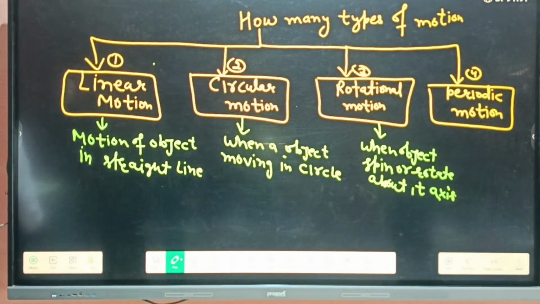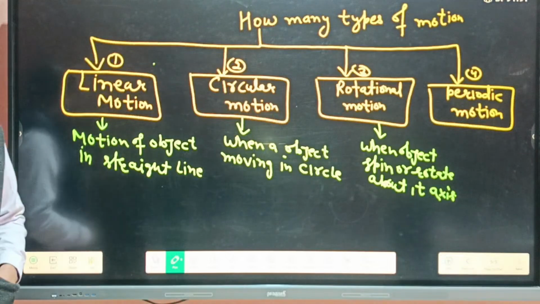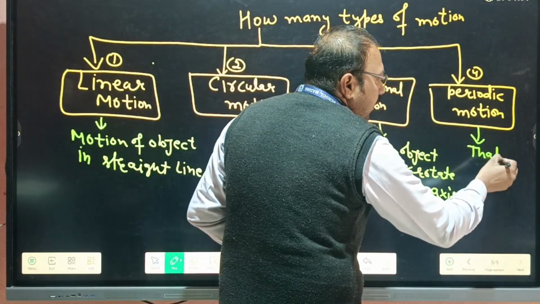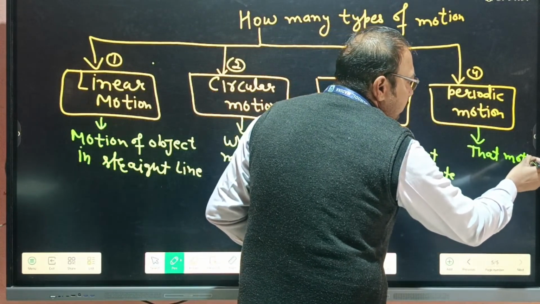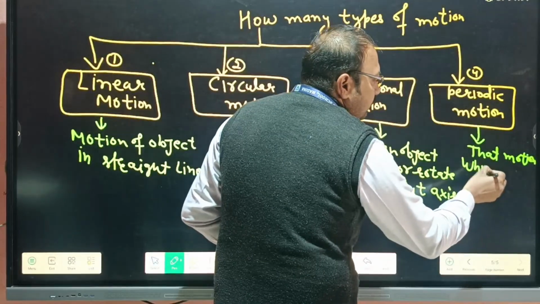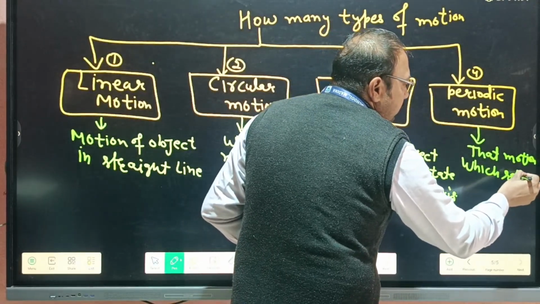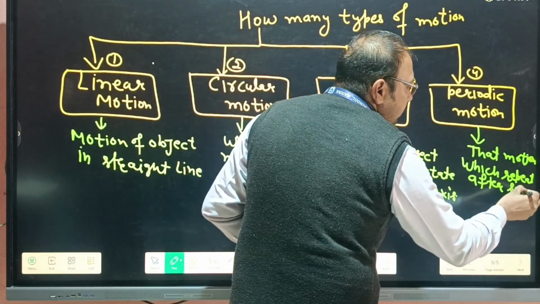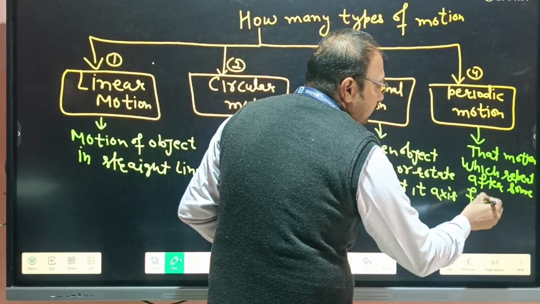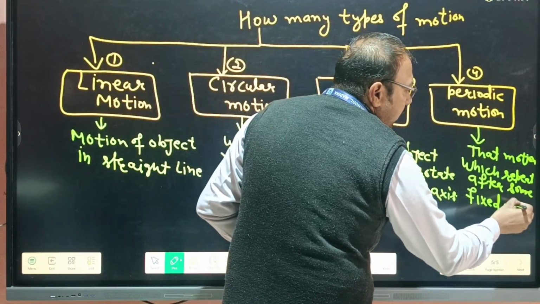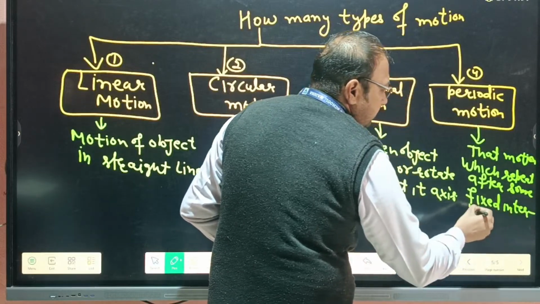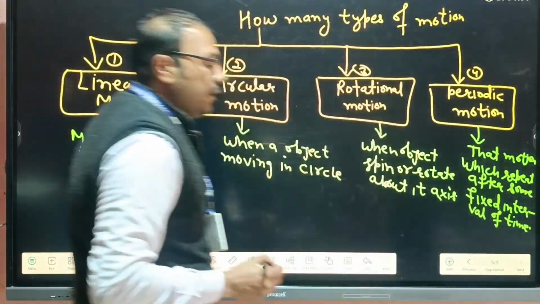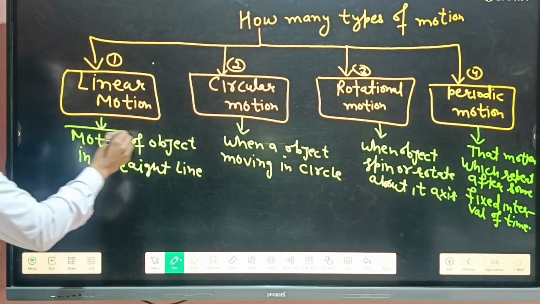That motion which repeats after a fixed interval of time. Okay, so these are the different types of motion.